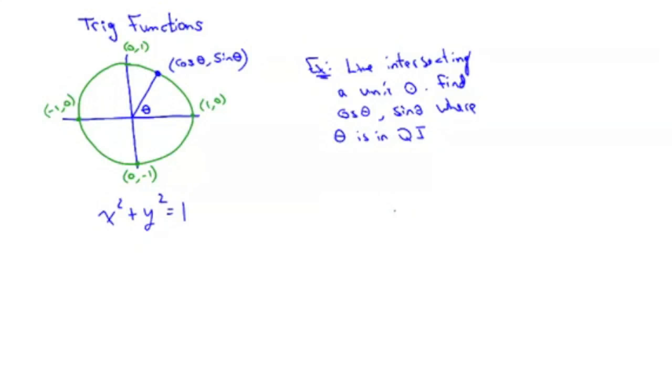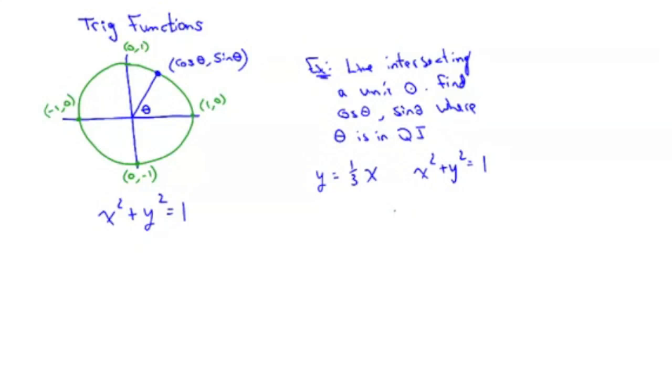So I was going to come up with another line today. For instance, what if we have the line y equals 1/3 x? And I want to know sine of theta and cosine of theta when this line hits the unit circle. So you have another equation, x squared plus y squared equals 1. This is called a system of equations, 2 variables. So what do you do? You plug it in.